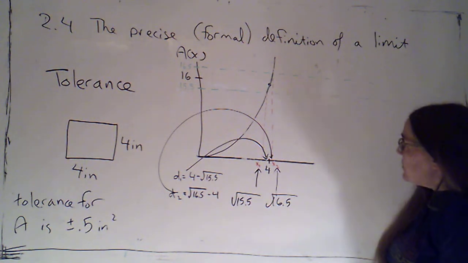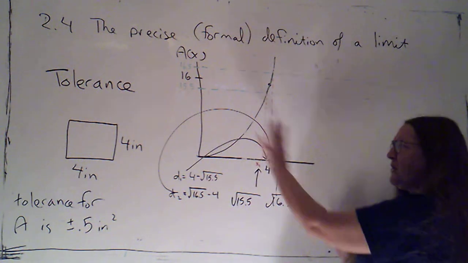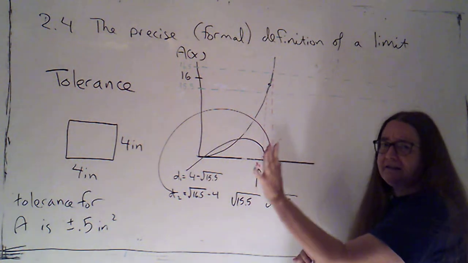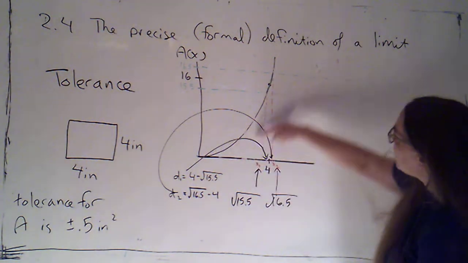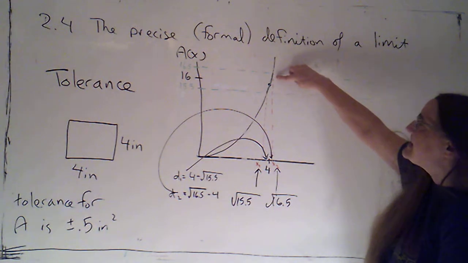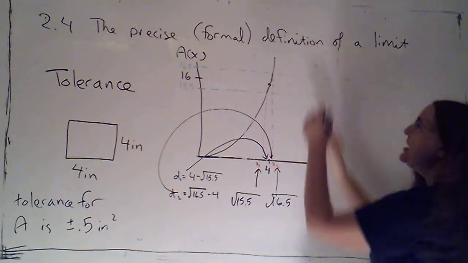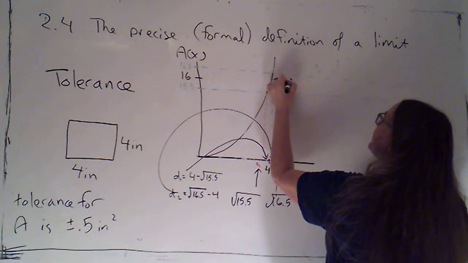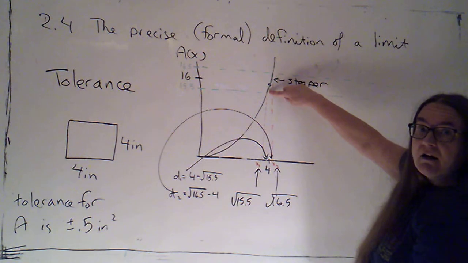I'm not doing it just because it looks like this one is smaller, since I wasn't drawing things perfectly to scale. But I do know that this squaring function gets steeper as we move further to the right. So I know that we're steeper here than we are here.